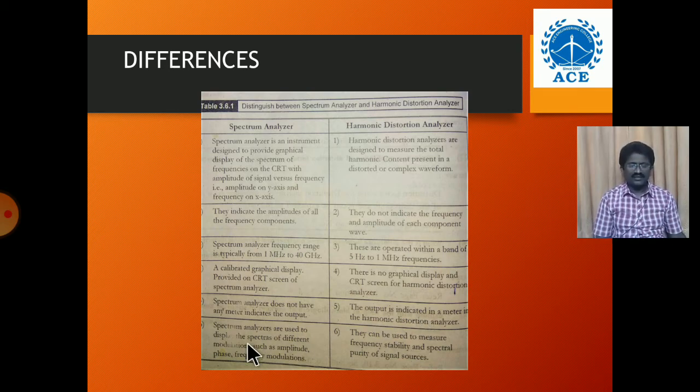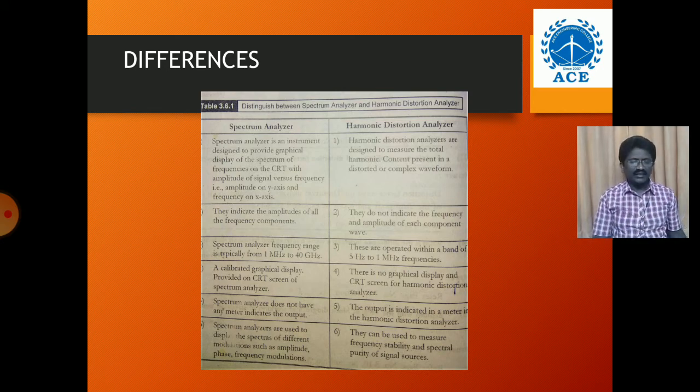Last one, spectrum analyzers are used to display the spectra of different modulations such as amplitude, phase, and frequency modulation. Whereas harmonic distortion analyzers cannot be used to measure frequency stability and spectral purity of signal sources.